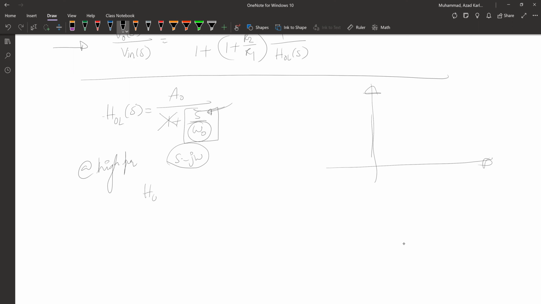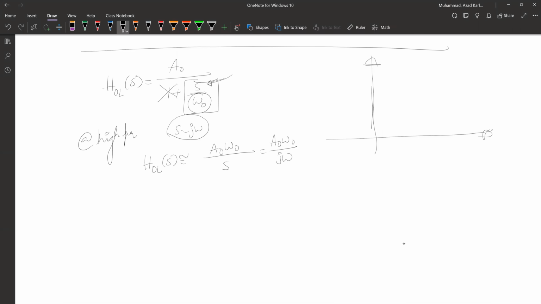So at high frequencies, the open loop transfer function will approximately look like A naught omega naught over S, which is A naught omega naught over J omega. Correct? So this is nothing but a linear behavior with respect to frequency on the decibel axis. This is basically a straight line with a slope of negative 20 decibel per decade.